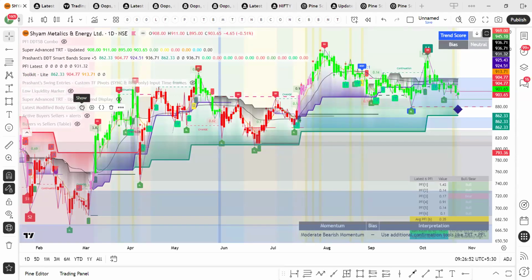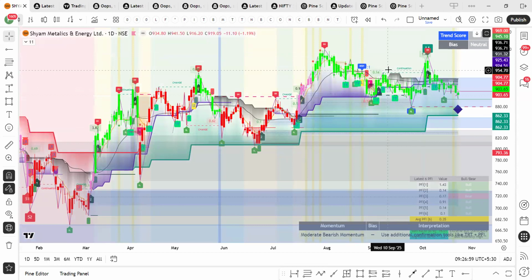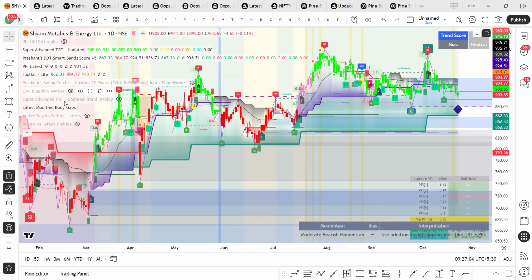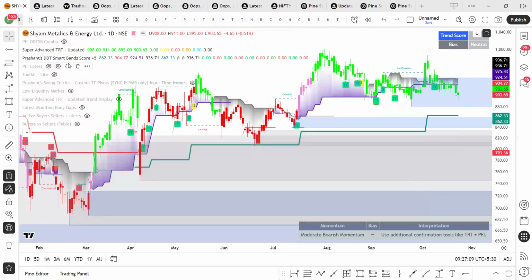You will not be able to analyze anything. There will be only a lot of things and the chart will look very confusing. You'll not be able to understand anything. That's why I always say use only one indicator at a time, at the most two indicators at a time. Don't use all of them at the same time.